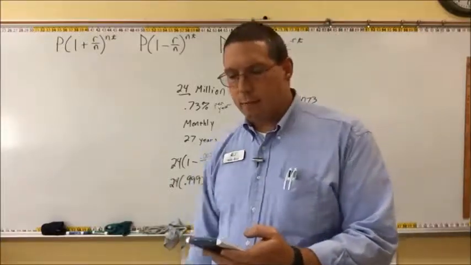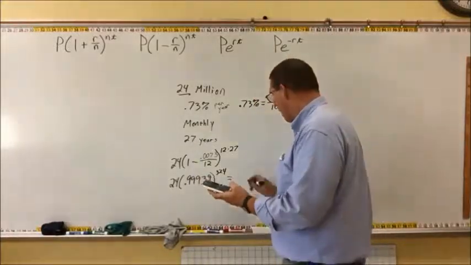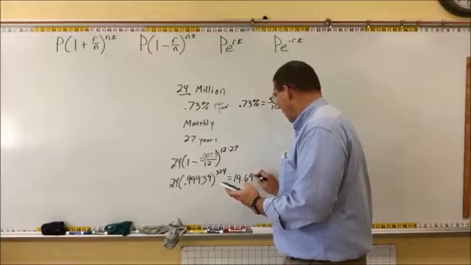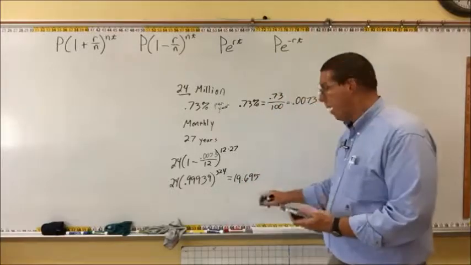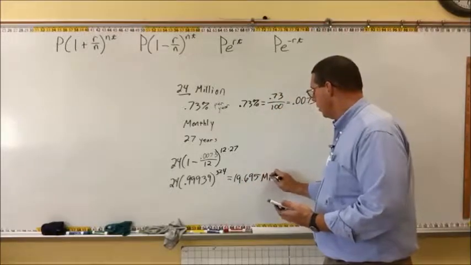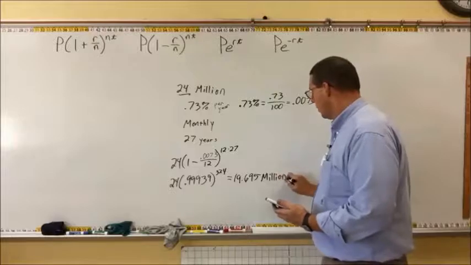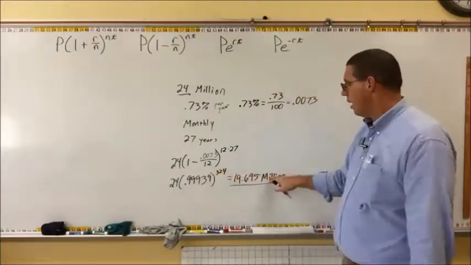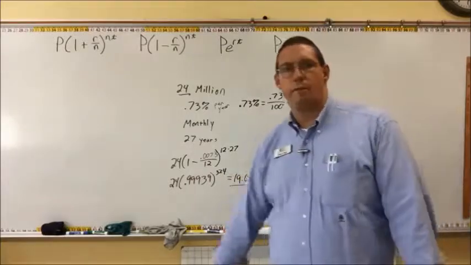I get 19.695. I'm rounding there. And now I put million. So the final answer is, if it started at 24 million, it's lost value over time, and now it's 19.695 million.